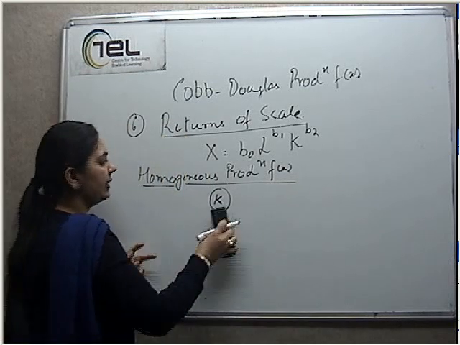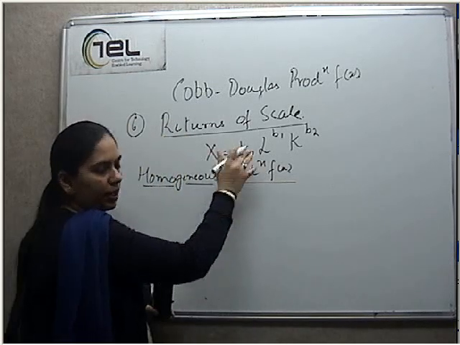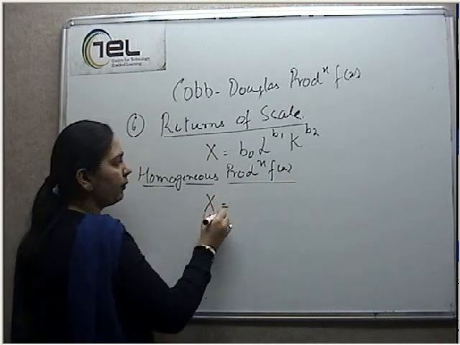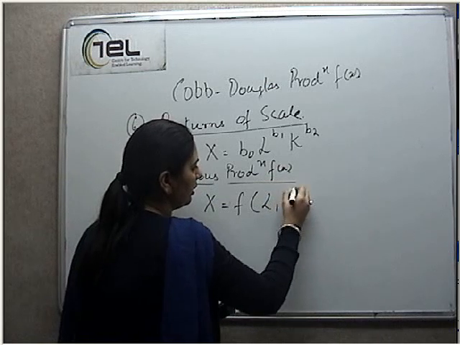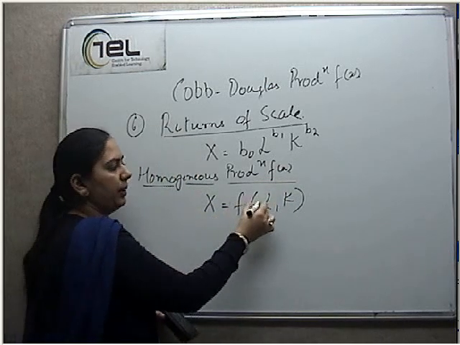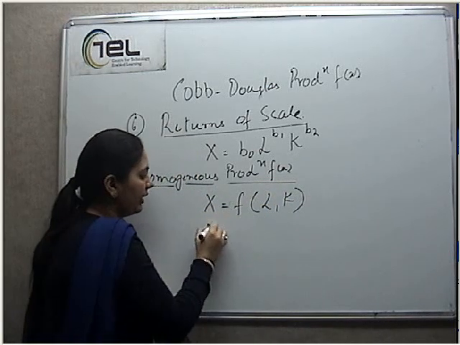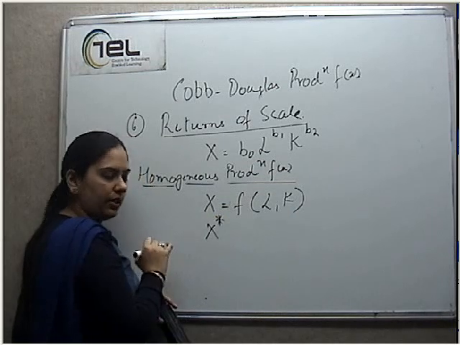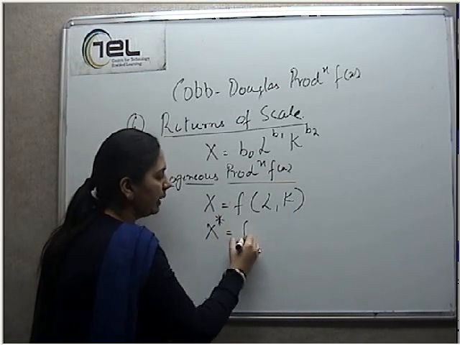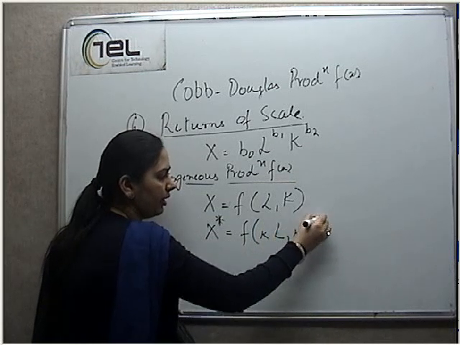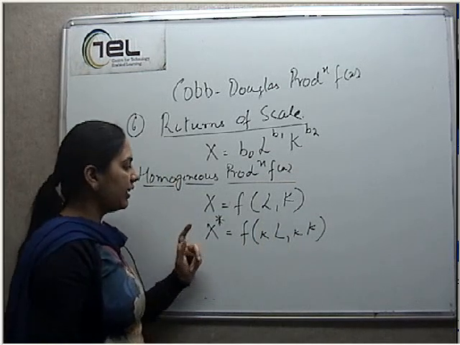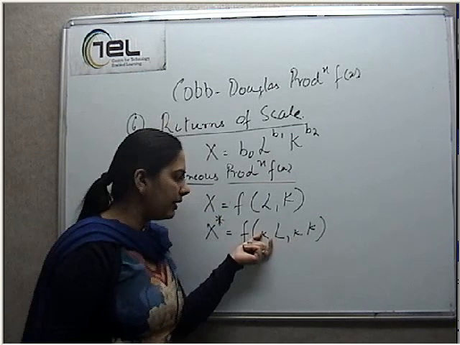So I'll first explain with the help of a simple function. Suppose the function is x is a function of labor comma capital. Now if I say x star, here I multiply this by small k. That means I am increasing my labor and capital by this small k.